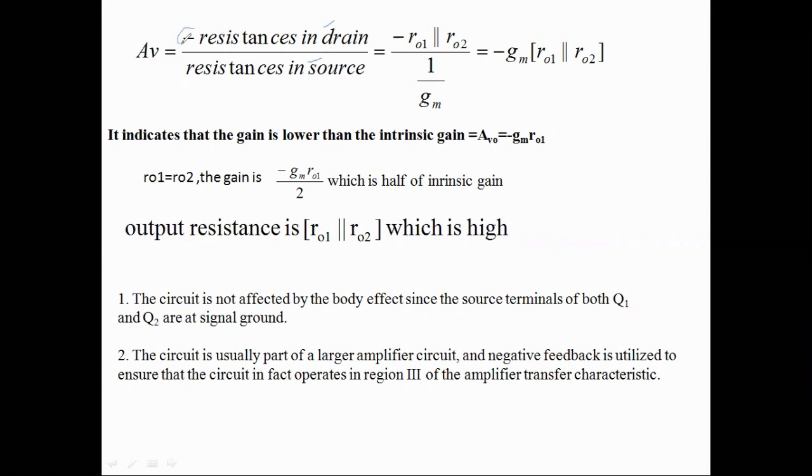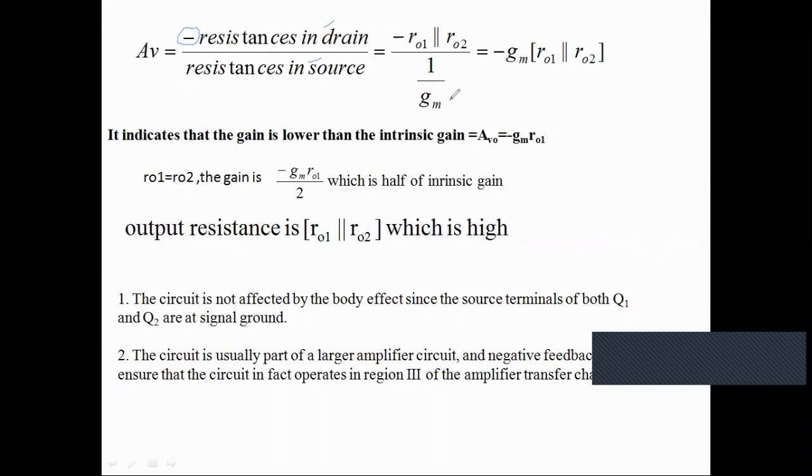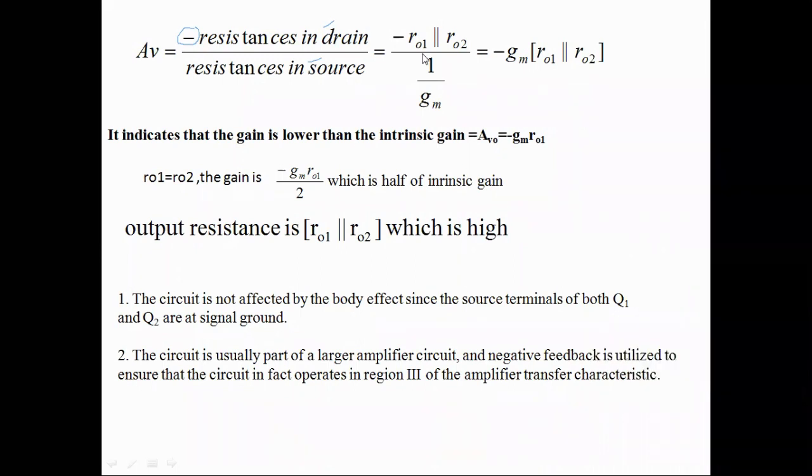A negative sign must be added because there is a 180-degree phase shift between input and output. Hence the negative sign is added, and the resistance in the drain is R01 parallel to R02. R01 is the finite resistance of Q1, and R02 is the finite resistance of Q2.